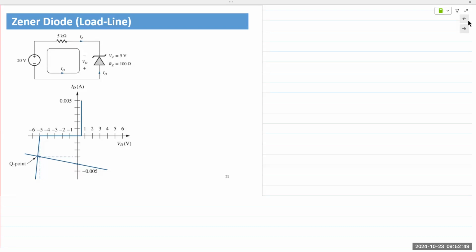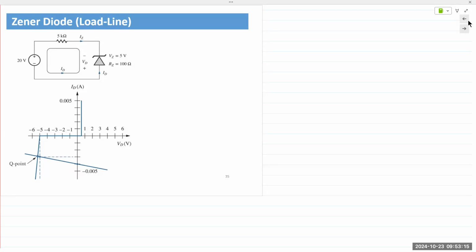The breakdown in reverse bias occurs due to two different effects. One is the Zener effect, which is at the lower voltages, and the other is the avalanche effect. But in general, it has come to be accepted that no matter what the effect is for the breakdown, it is all referred to as Zener.